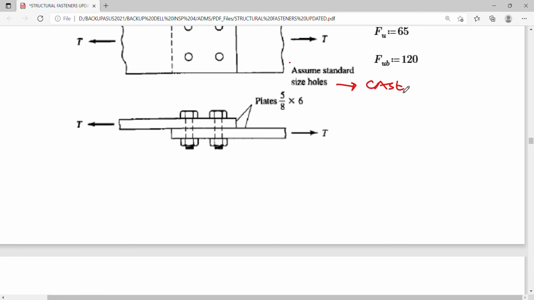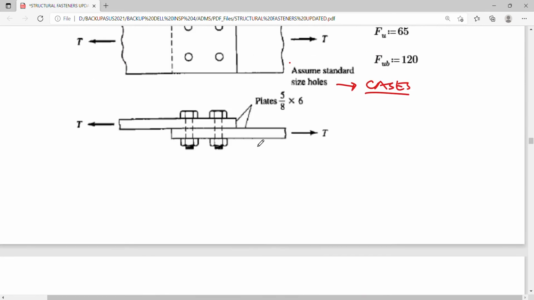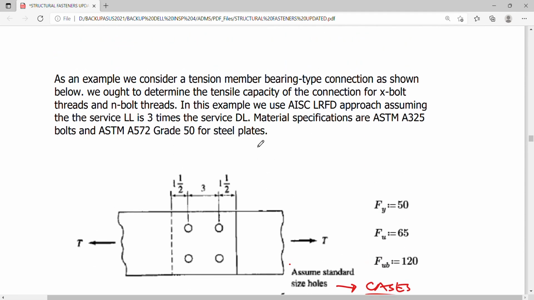Upon which hole ovalizations are considered or not considered. And of course, the bolt size must be given. I think the bolt is 7/8 inch. Okay, so it was not included in the problem. I missed it. So the diameter of the bolt here, db, is simply equal to 7/8 inches.